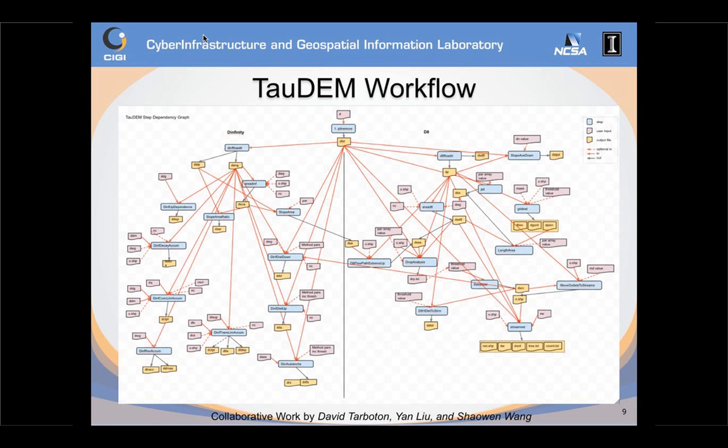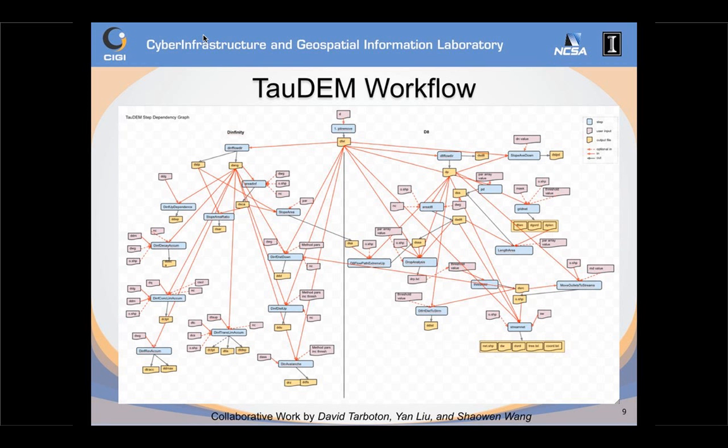A particular collaboration we have is closely related to XSEDE, the Advanced User Support Services, which NCSA is managing. We have had several years of collaboration with Dave Tarboton's group at Utah State, and Yan and me from the CyberGIS and XSEDE side, trying to understand how to piece this workflow together.